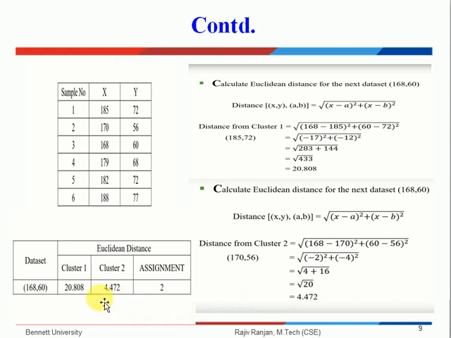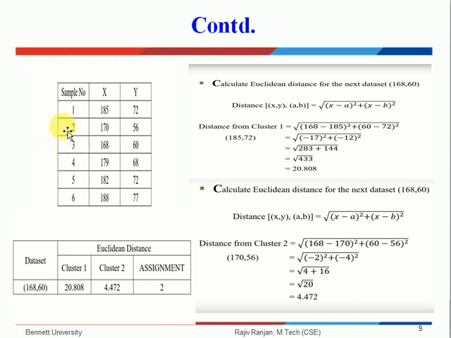We have to find the minimum value from these. Obviously 4.472 is the minimum value, and it belongs to cluster 2. So the data will be part of cluster 2, and we assign the value 2 for cluster 2. Now the data set 3 has become a part of cluster 2.